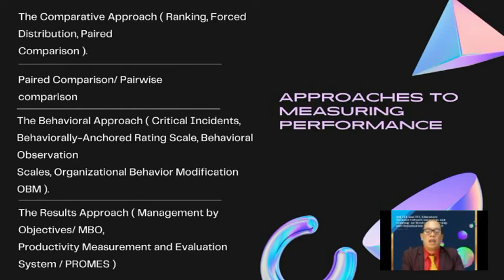And the mixed standard scale was developed to get around some of the problems with the graphic rating scale. It defines relevant performance standards, dimensions, and then develops statements representing good, average, and poor performance within each dimension. These statements are then mixed with the statements from other dimensions on the actual rating instrument.